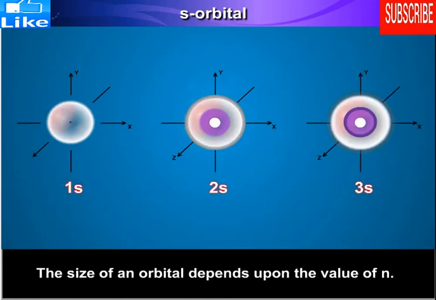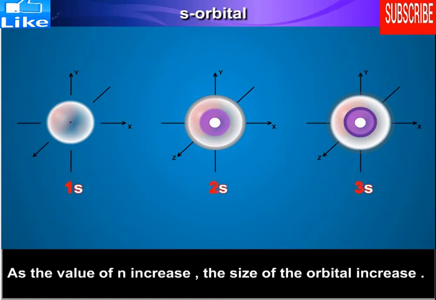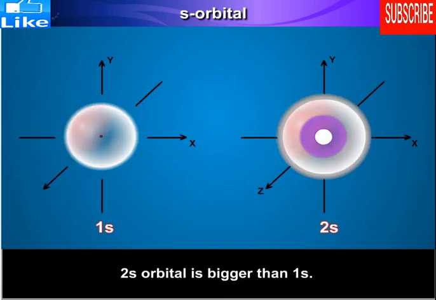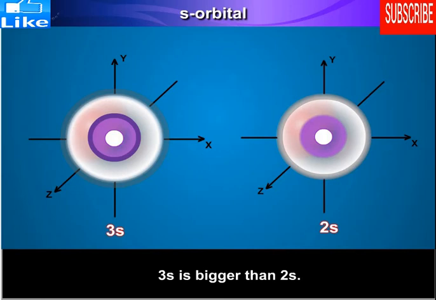The size of an orbital depends upon the value of n. As the value of n increases, the size of the orbital increases. 2s orbital is bigger than 1s. 3s is bigger than 2s.